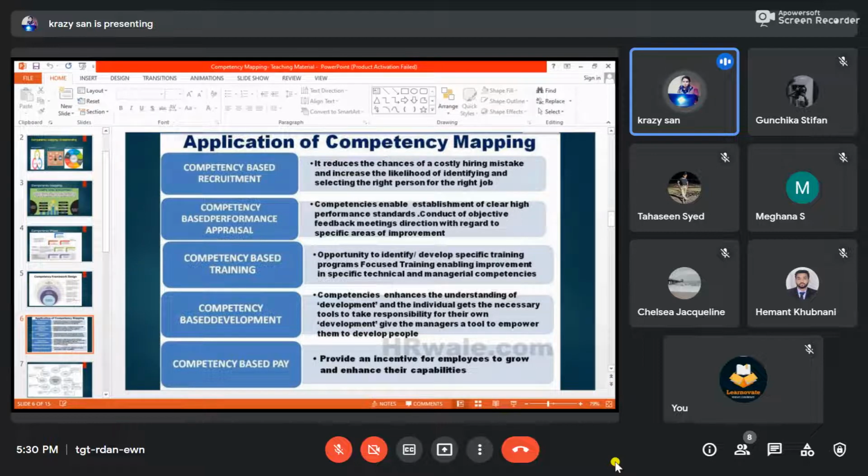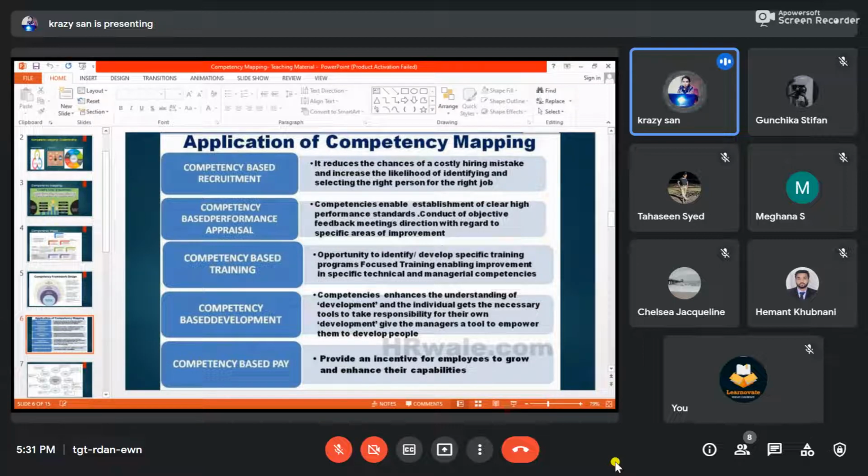Whenever an employee is hired, it is in order to have fewer mistakes in hiring and maintain a proper budget balance in the organization. That reduces the chances of a costly hiring mistake and increases the likelihood of identifying and selecting the right person for the right job.